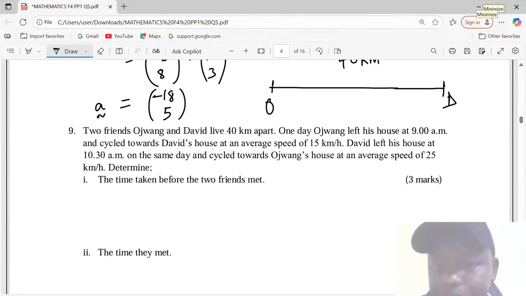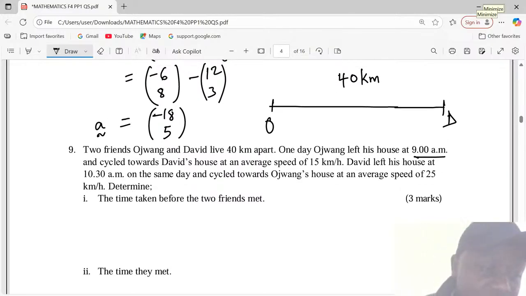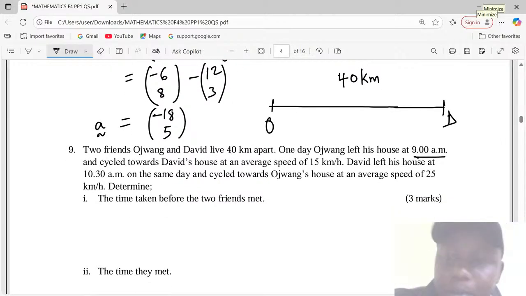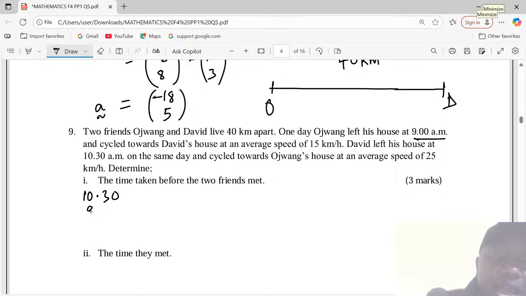Now, at what time? At 9 a.m., Ojuang left his house and cycled towards David's house at an average speed of 15 kilometers per hour. There's something I want us to compare here. David is leaving his house at 10:30, but Ojuang left his house at 9 a.m. So we are supposed to calculate, by the time David is leaving his house, that is 10:30, Ojuang left his house at 9.